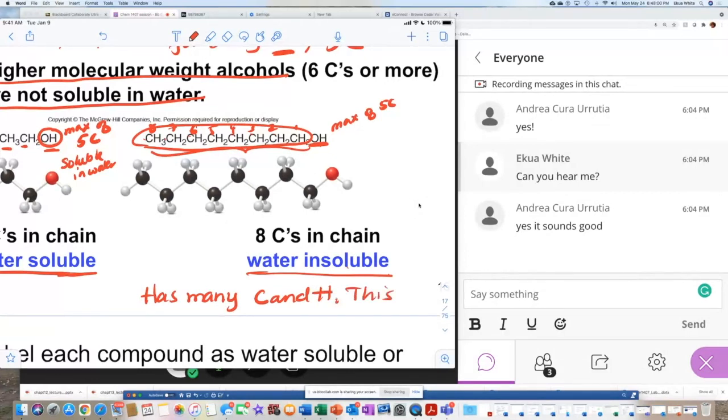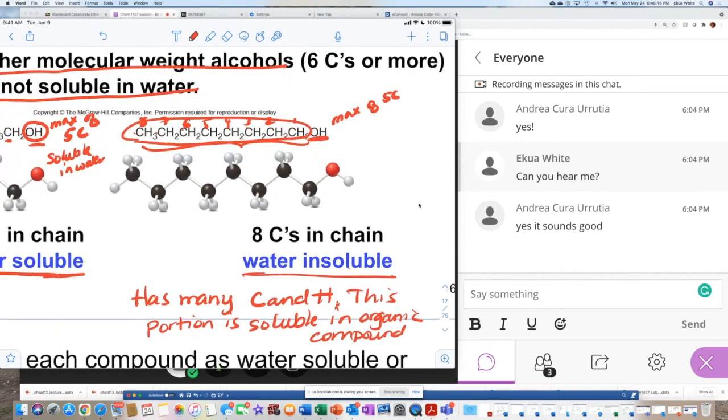This portion is soluble in organic compound. So what I'm trying to say here is within the alcohol structure, you have 2, I don't want to say competing, but 2 different behaviors in the same molecule.